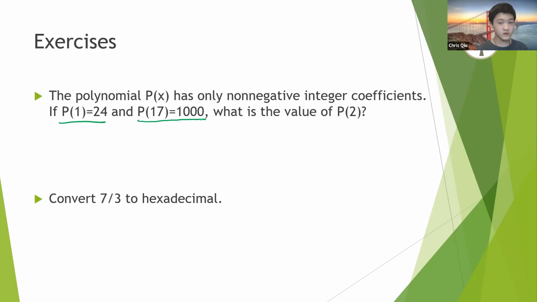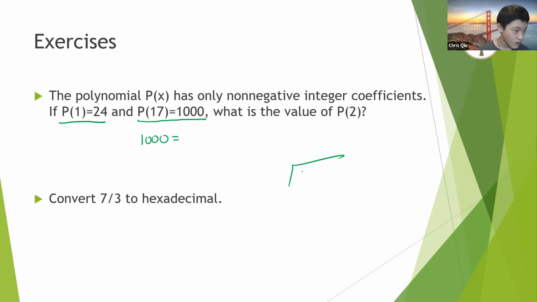One thing you can notice is that the representation for a polynomial is very similar to the representation for base b, or base 17. So one idea you may have is to convert 1000 to base 17.